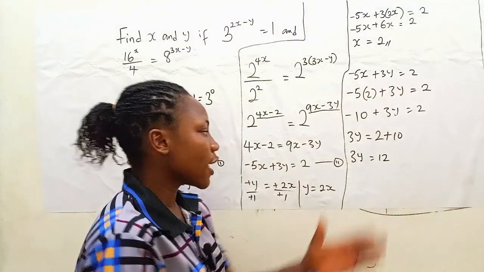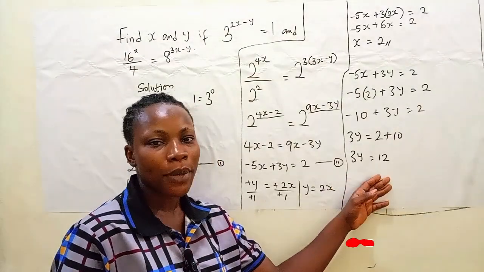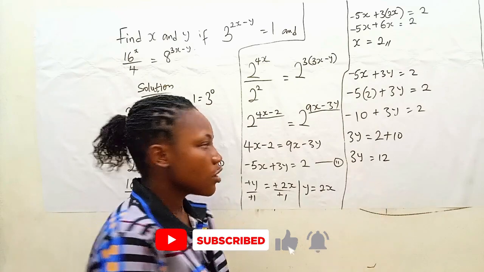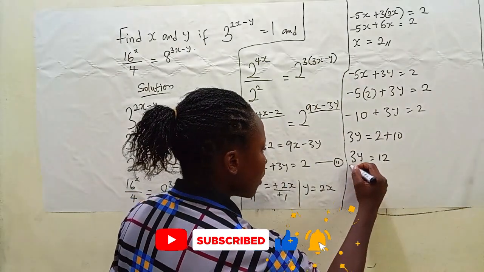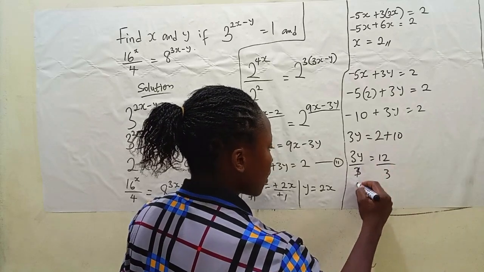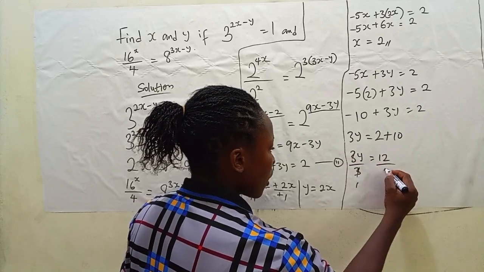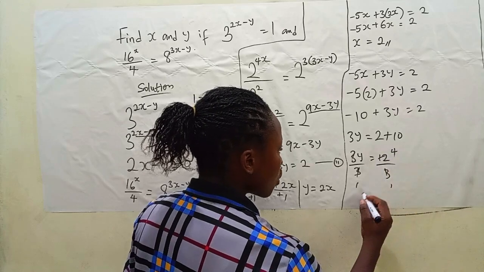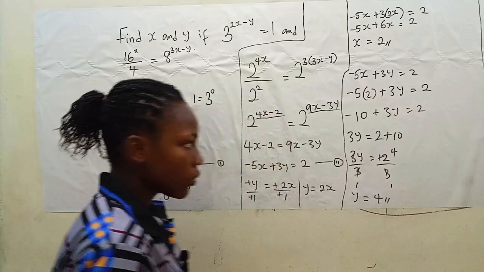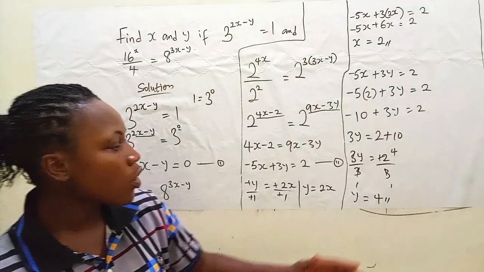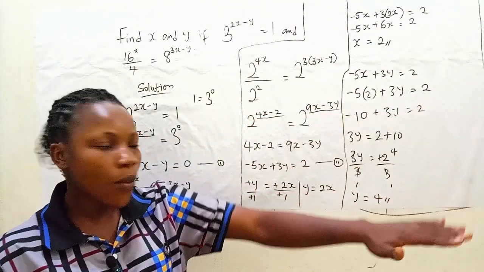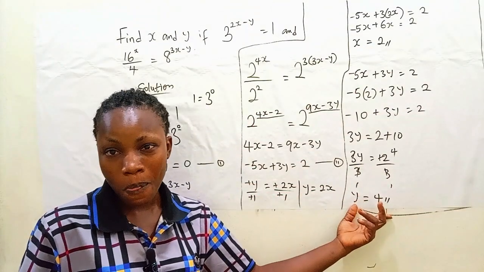All right, so here now we are dividing both sides by the coefficient of y here. All right, so we're going to have 3y over 3, 12 over 3. Cancel here, cancel here, cancel here, cancel here, 4. So the value of our y is equals to 4. All right, we have gotten the value of our x as 2 and the value of our y as 4.